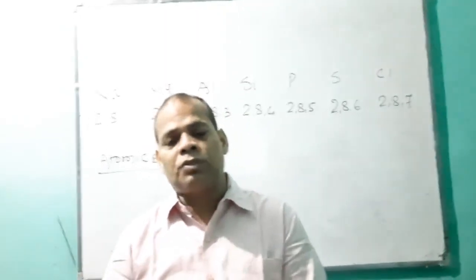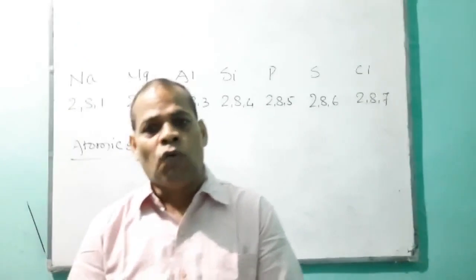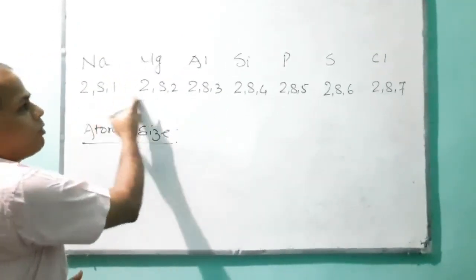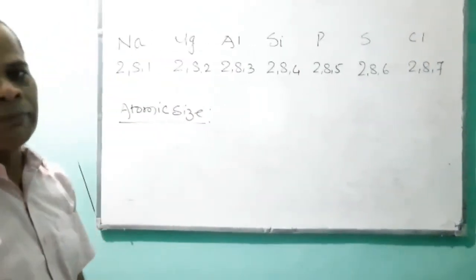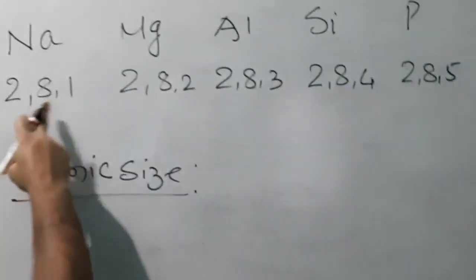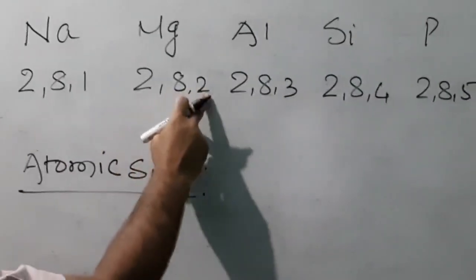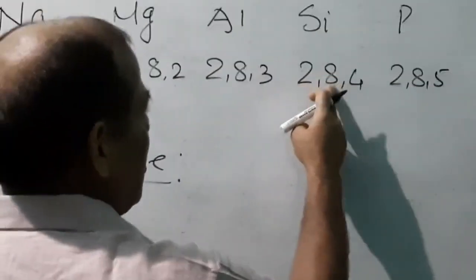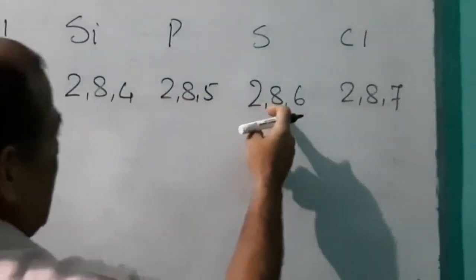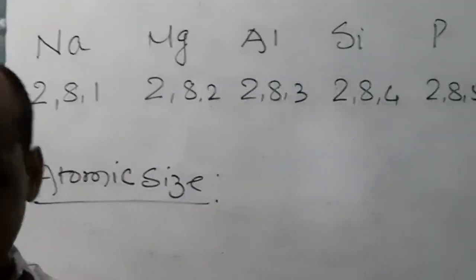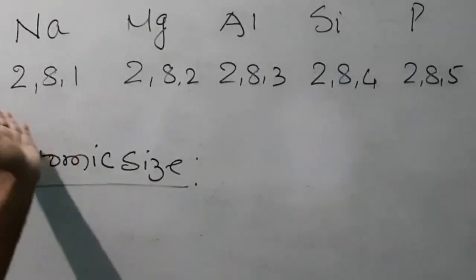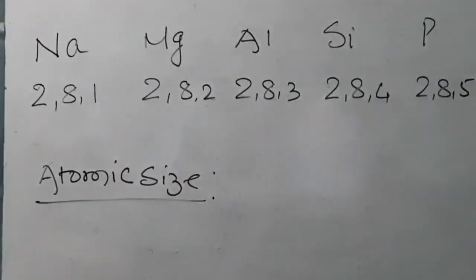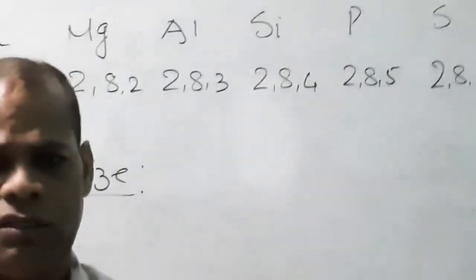Now, what happens to the size of an atom while moving from left to right? If you talk about this third period member here, K, L, M, it means in the third period, all the members of this period all have the same number of shells.